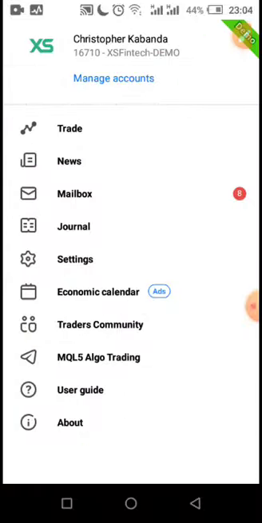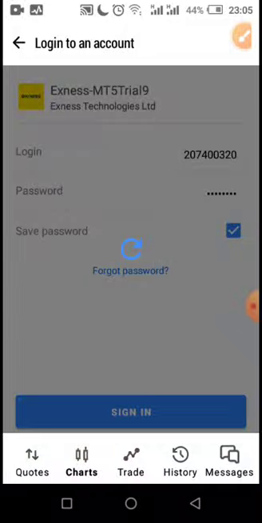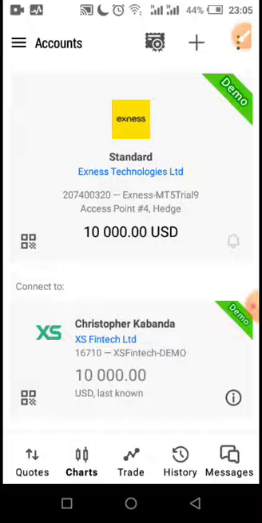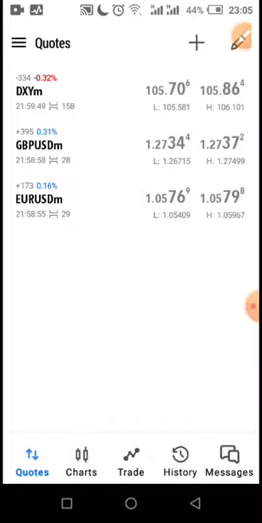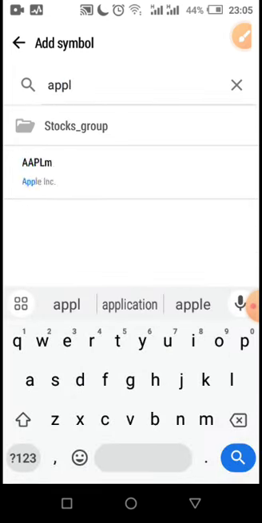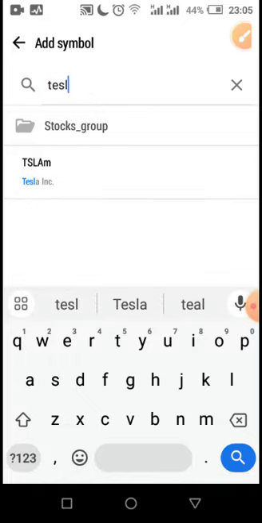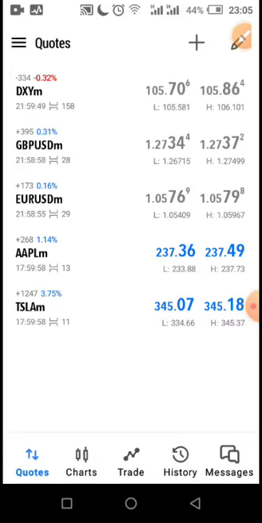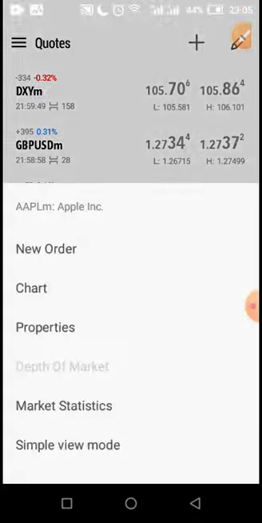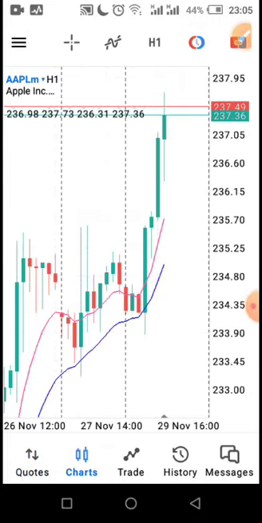So trading before the regular market hours will be the pre-market session, and then trading after the regular market hours will be the post-market session. And you should note that trading in the pre-market or post-market session will have a slight disadvantage that liquidity will be lower and volume will be lower.